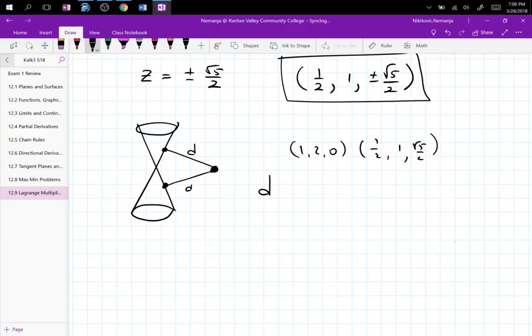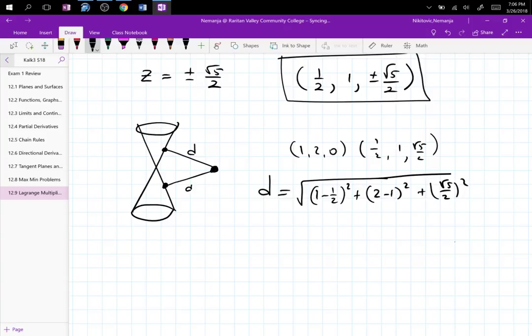So what is the minimum distance? It's going to be 1 minus 1/2 squared plus 2 minus 1 squared plus root 5 over 2 squared, and then this is a half squared, which gives us a quarter, plus 1 squared is 1, plus 5/4. All of that is under a square root.